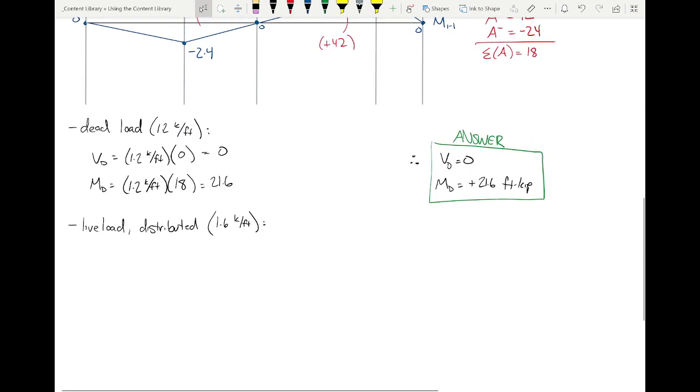Okay. Now, for live loads, we're going to get a range. So what that means is we're going to get a positive shear and a negative shear. What that means, we're going to take 1.6 kips per foot times the positive and negative areas.